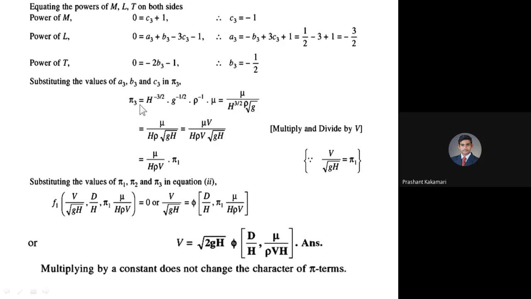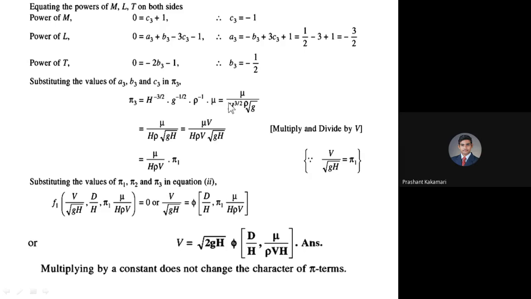So I'll write pi 3 equal to h raised to a3. What is the a3 value? Minus 3 by 2. I have written g raised to b3. b3 is minus half. Then rho raised to c3. c3 is minus 1.